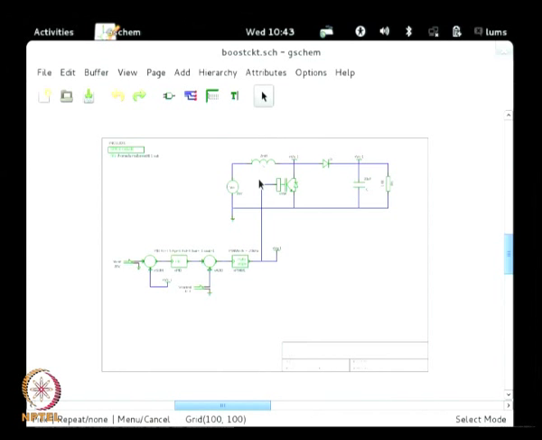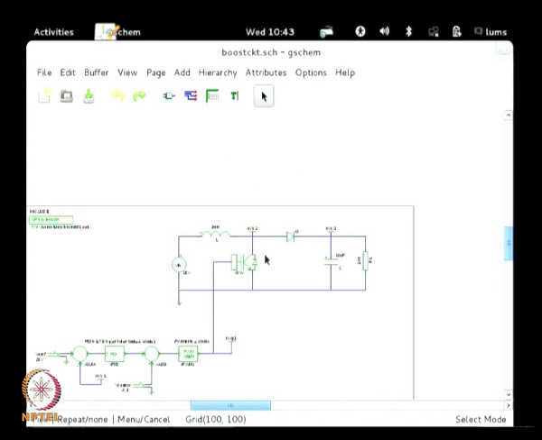So, this is the GEDA gschem, the schematic editor, where we normally enter the circuit, and this is later on converted into a netlist, and ngSPICE is used for performing the simulation, as we did in one of the previous classes for the buck converter. So, let me zoom in onto this circuit.